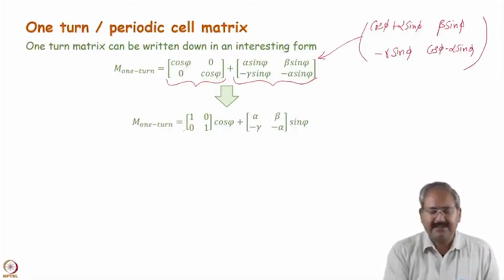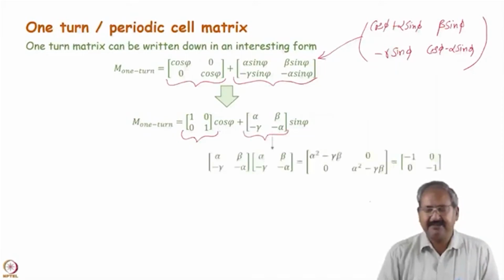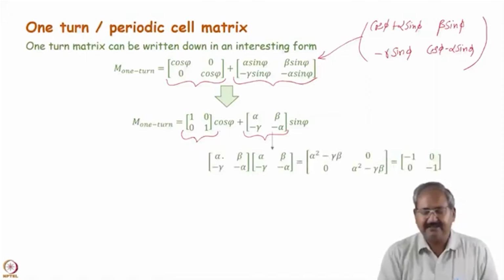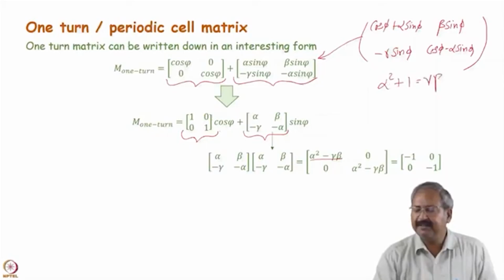Now you can see that this is the unit matrix, 1 0 and 0. And if we multiply this matrix with itself, then what will we get? We will get alpha square minus gamma beta here, and you know that alpha square plus 1 is equal to gamma beta.